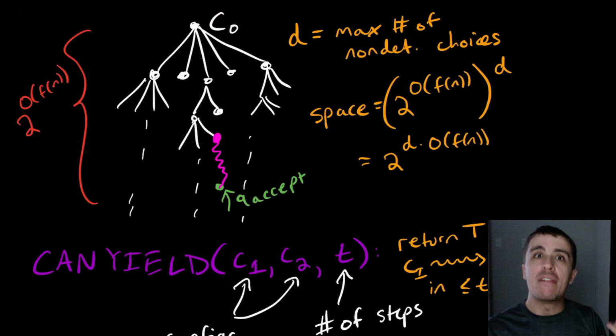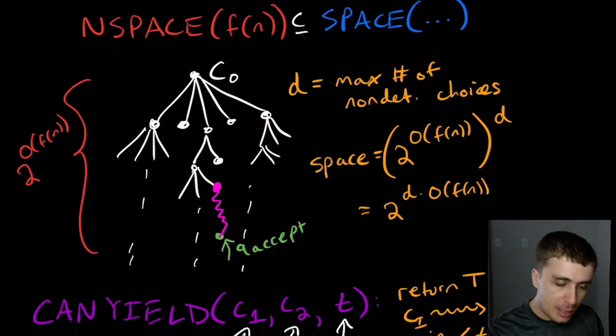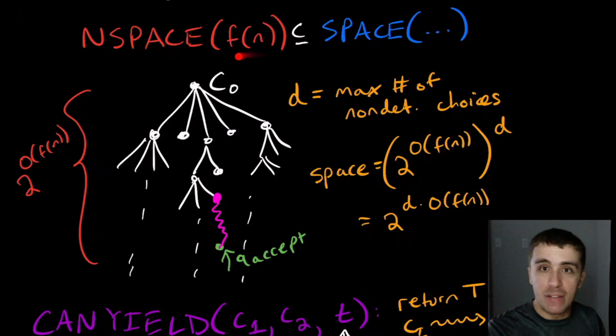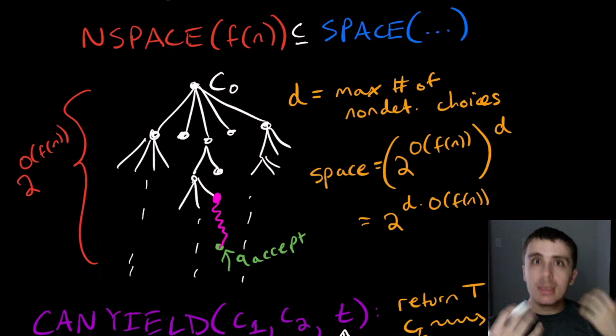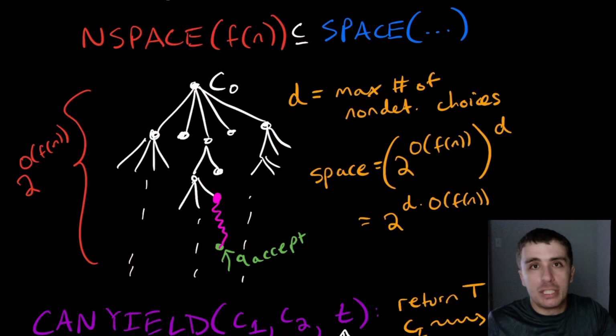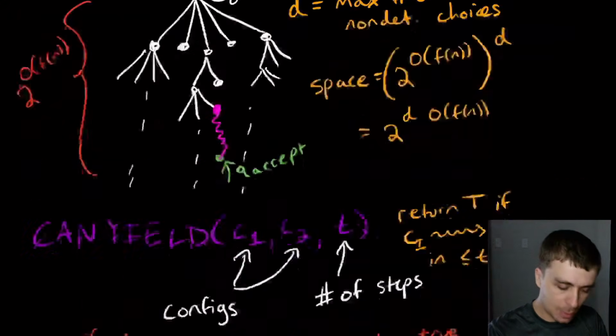Because we know the Turing machine uses at most f of n times a constant amount of space, then whatever configuration is right here, the one in the middle, I know it uses at most f of n space. So just try every single possible one with f of n space.